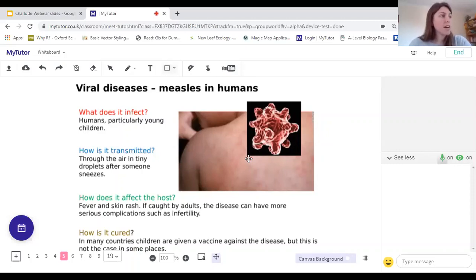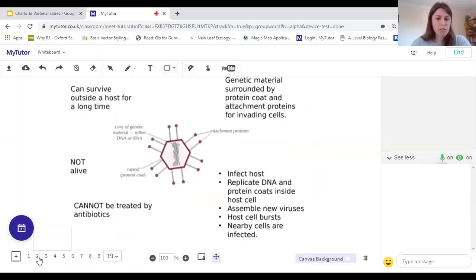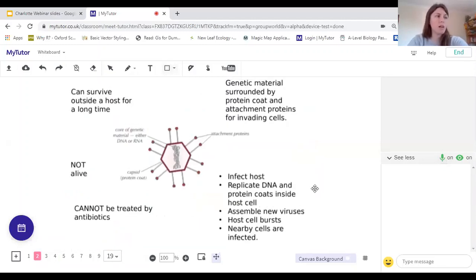Got one here, what is RNA? So you learn more about RNA in A-level. So this is a little bit above some of the GCSE topics. So DNA, we know, is the genetic material that we find in a nucleus in our cells. Someone's saying, can we go back to the what is the virus slide? So I've done that.